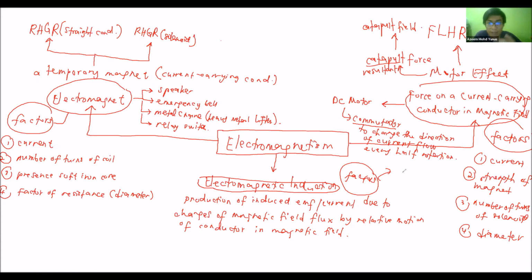Now we have the factors: strength of magnet, number of turns of solenoid, resistance, which is the diameter, a factor of resistance. So what are the tools that we introduce?